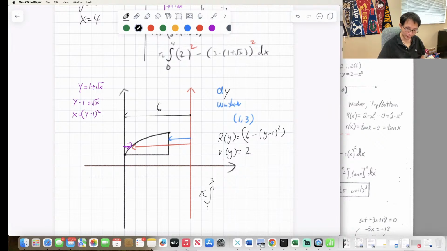Don't forget pi. Don't forget 6 minus (y minus 1) squared. And some people say, what if I don't put a parenthesis? It's wrong. And that should be the right answer, hopefully. Yeah, I forgot the square. See? Don't forget the square. Don't forget the pi. Don't forget the dy. Don't forget the boundaries.